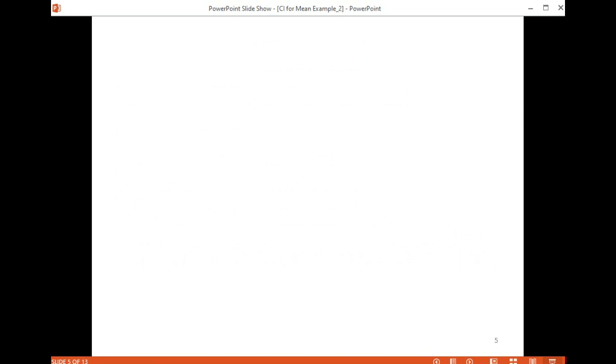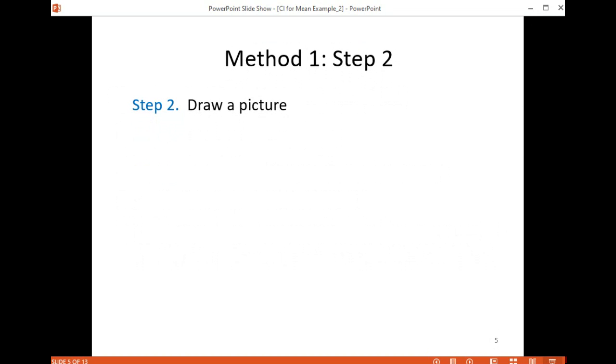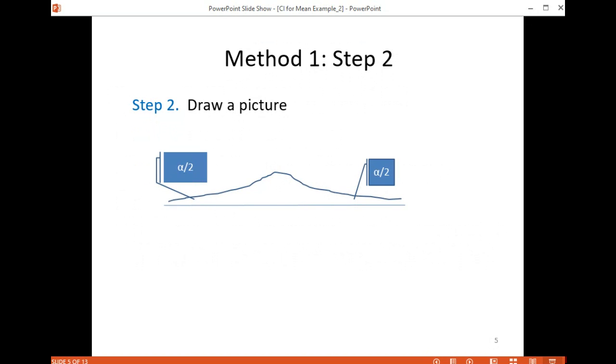Now let's go in. So the next step is to draw a picture. So here we go. Here is my normal curve, best I can do on the slide. And I'm going to draw some lines here. So a line down the middle and 2 to separate the alpha values.